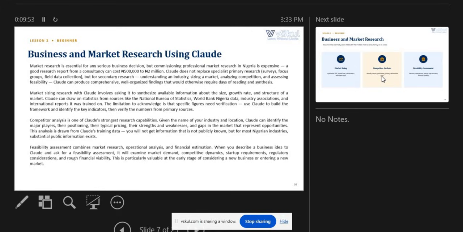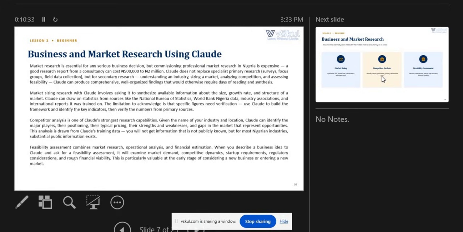Now, the next is competitor analysis, which is one of Claude's stronger research capabilities. Given the name of your industry and location, Claude can identify the major players, their positioning, their typical pricing, their strengths and weaknesses, and gaps in the market that represent opportunities. This analysis is drawn from Claude's training data. You will not get information that is not publicly known, but for most Nigerian industries, substantial public information exists.